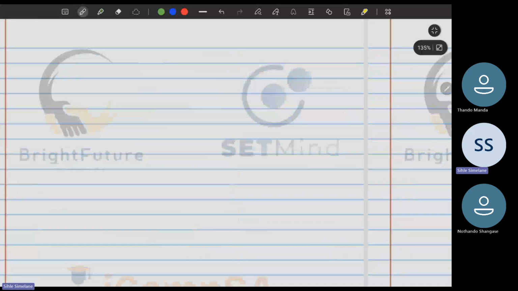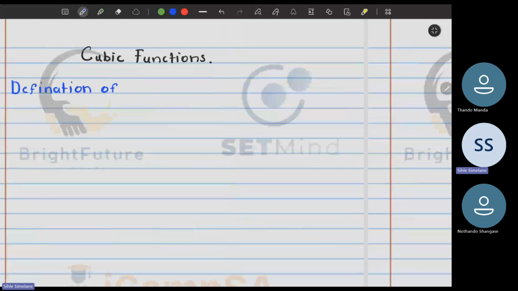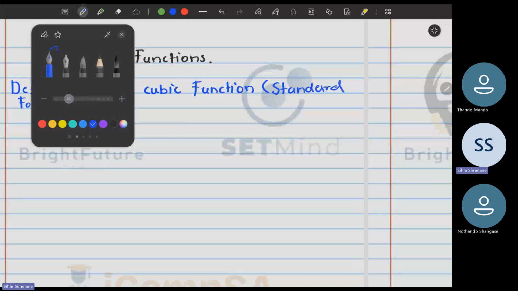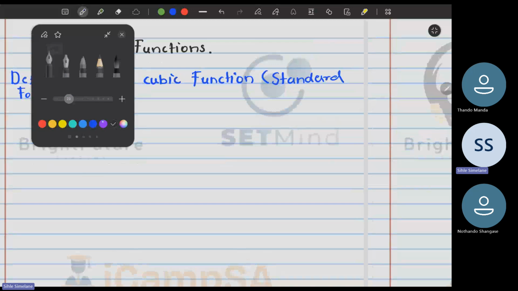So the first thing that I need you to understand is the definition of a cubic function. Okay, and this definition, we are going to call it the standard form. So how do you see that a function is a cubic function?